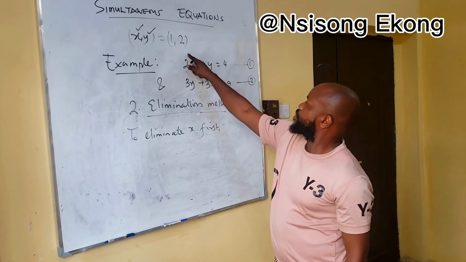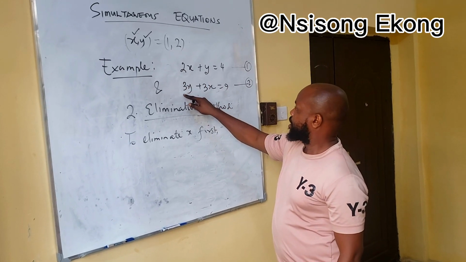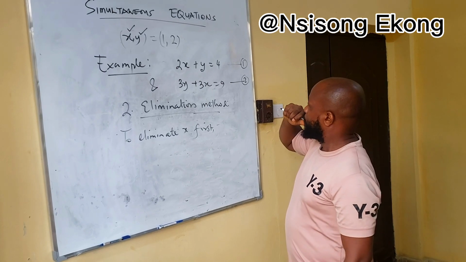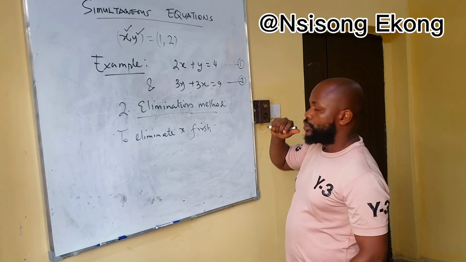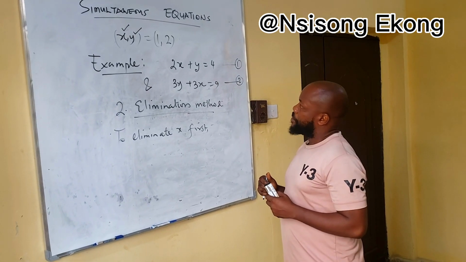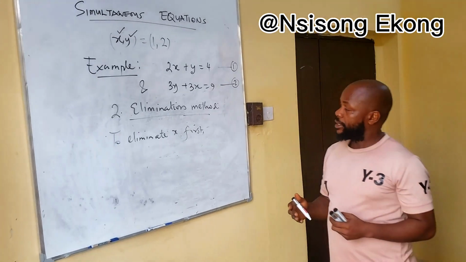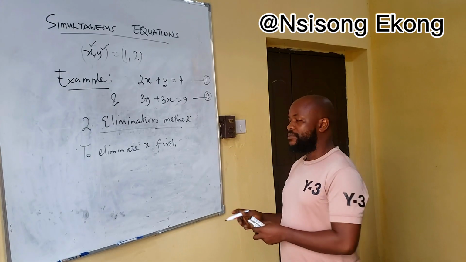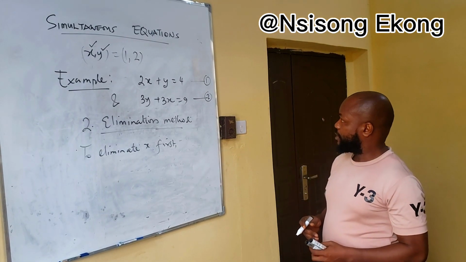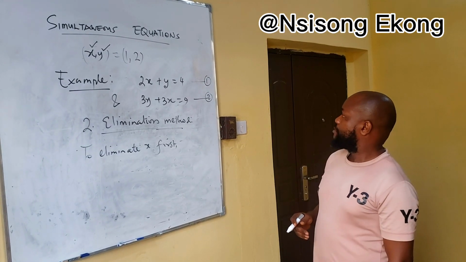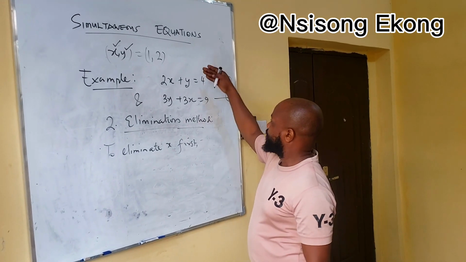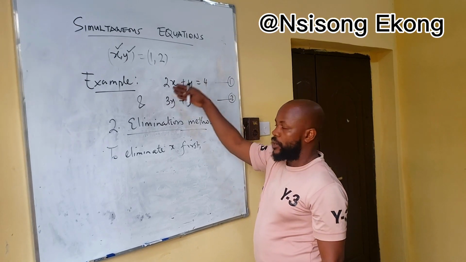That means what is attached to x here and what is attached to x here must be the same. Because we need to do that to be able to operate, maybe using addition or subtraction, and make sure that x leaves the system of equations first, leaving y, and you will also be able to get the value of y. If you want to eliminate y first, you also need to make the coefficient of y here and y here the same.